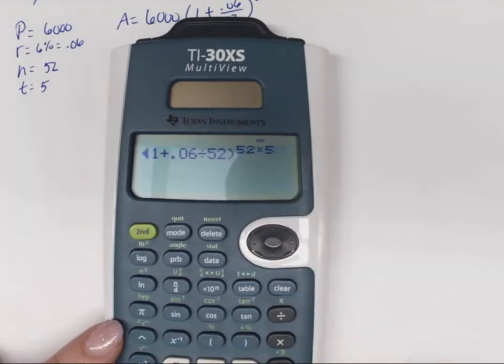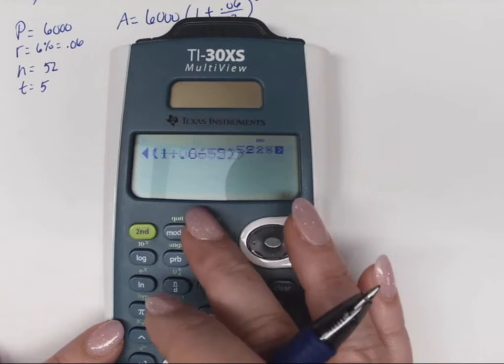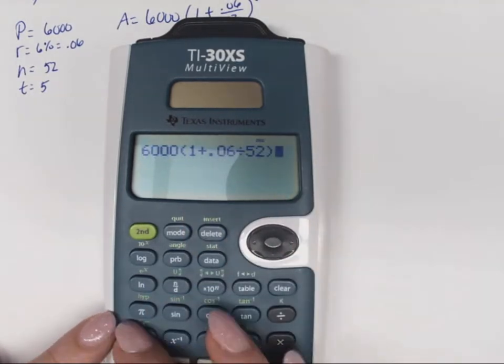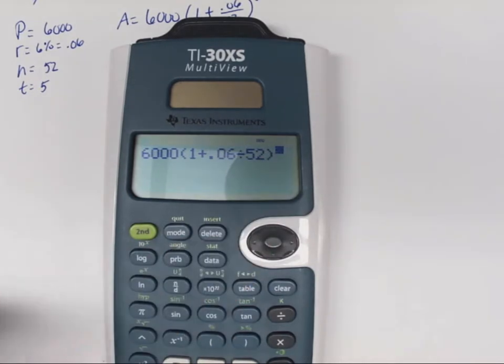Now, I have a box when I did mine, so let's back up just a second. When I raise it to the power, I get a box. So I can put in 52 times 5.